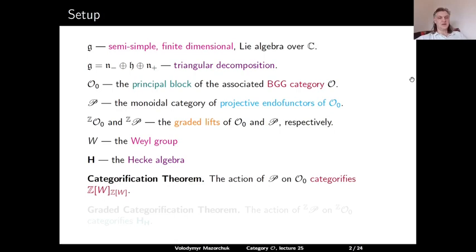The ungraded categorification theorem says that the action of the category P of projective endofunctors on O_0 categorifies the right regular representation of the integral group algebra of the Weyl group. The graded categorification theorem says that the action of the graded version of P on the graded version of O_0 categorifies the right regular representation of the Hecke algebra.